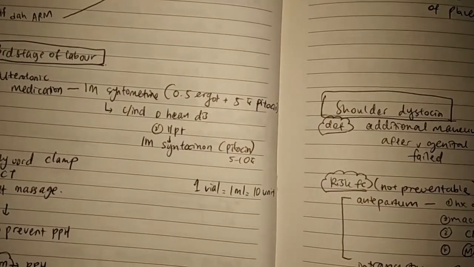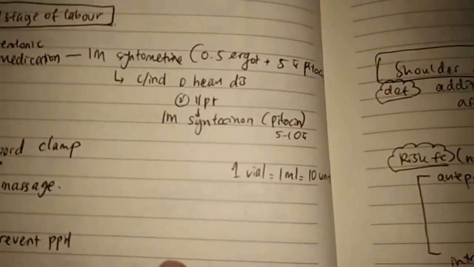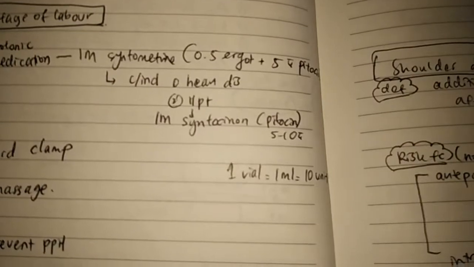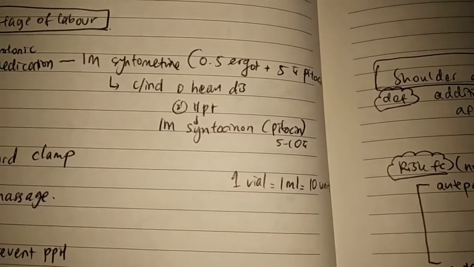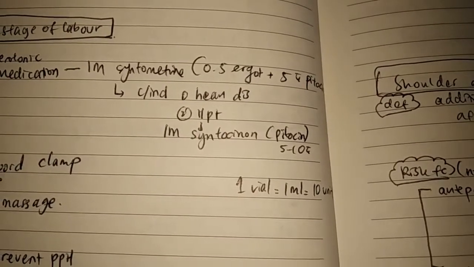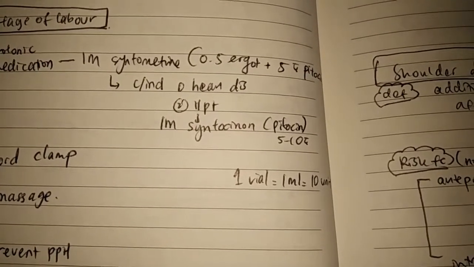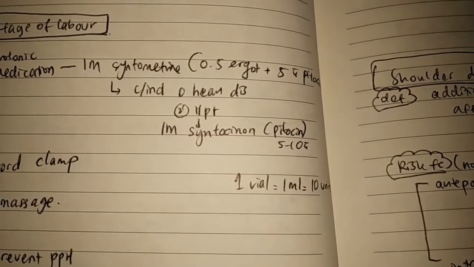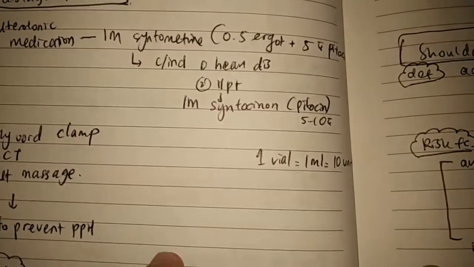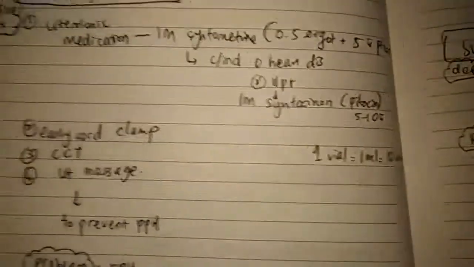It is contraindicated in patients with heart disease or hypertension. These patients should be given IM Syntocinon, which is the pitocin, 5 to 10 unit. Okay, 1 vial is equal to 1 ml or 10 unit.